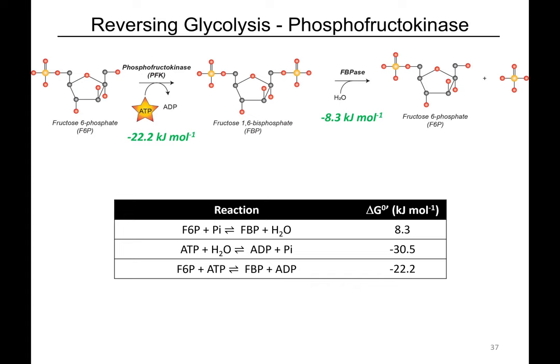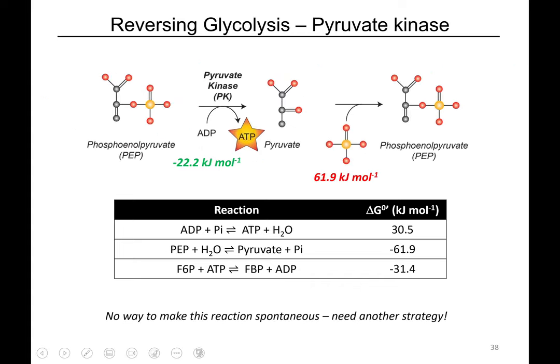But as it turns out, the last one, reversing phosphoenolpyruvate, that's harder. The pyruvate kinase reaction is spontaneous because conversion of the enolpyruvate to pyruvate, that tautomerization, is highly exergonic, right?